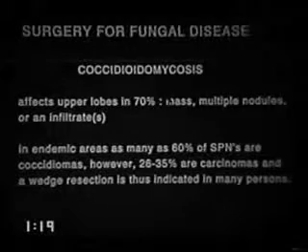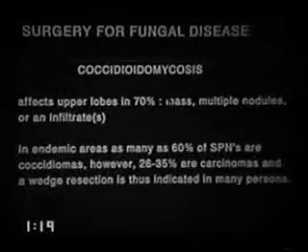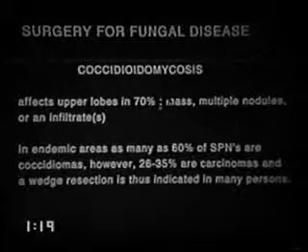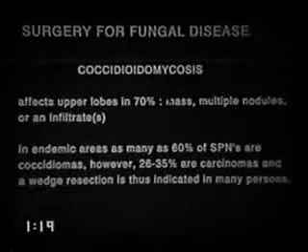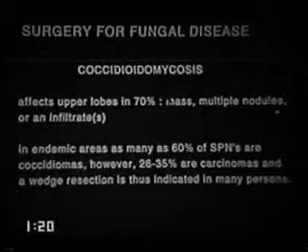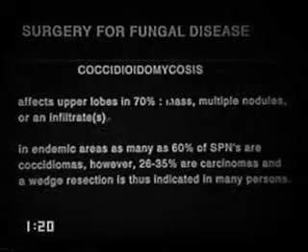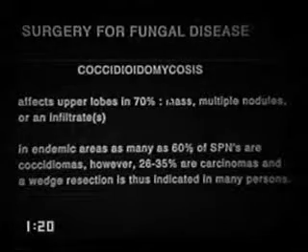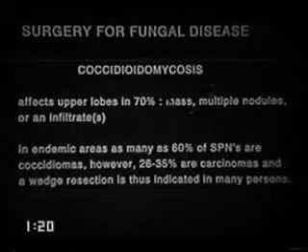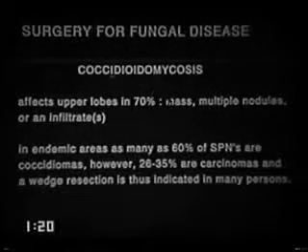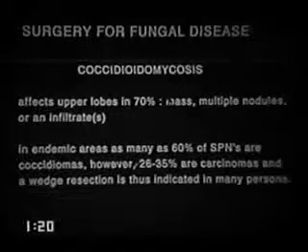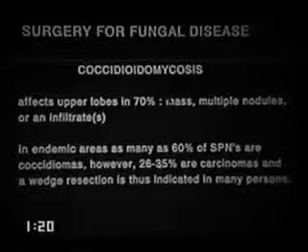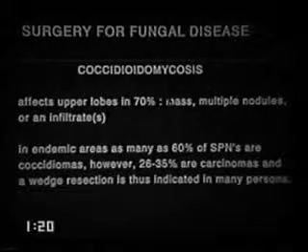Now, what is the abnormal radiological appearance? Well, coccidio affects the upper lobes in 70% of patients as a mass or multiple nodules or an infiltrate or infiltrates. In endemic areas, however, as many as 60% of the solitary pulmonary nodules that might be attributable to coccidio are found in 26 to 35% to actually be carcinomas.